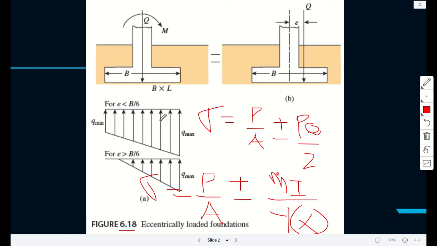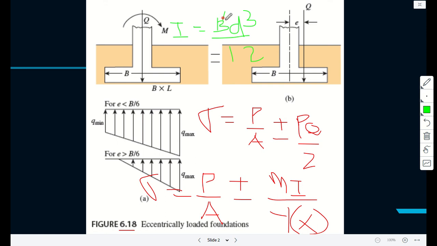You should have known this from structural analysis. But for rectangular surfaces, I is simply B D cubed over 12.